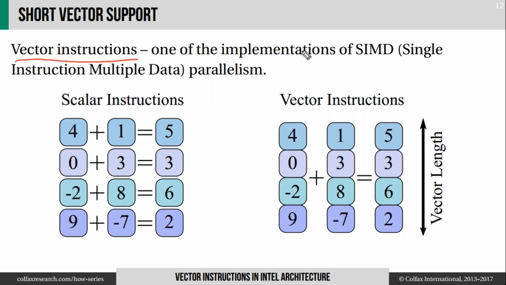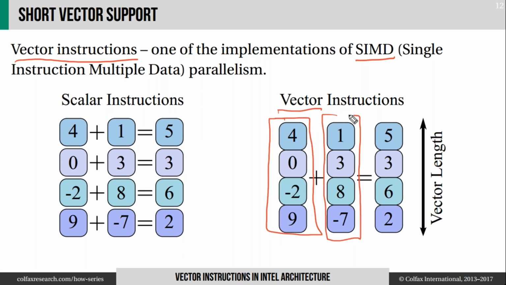These vector instructions implement one of the forms of SIMD parallelism. SIMD stands for single instruction, multiple data. A SIMD processor can perform a single instruction on multiple data elements, but specifically a vector processor can load multiple scalar values into a short vector. There may be multiple short vectors if you have more than one operand for the current operation, and apply a vector operation, such as addition in this case, to all of these elements at once.